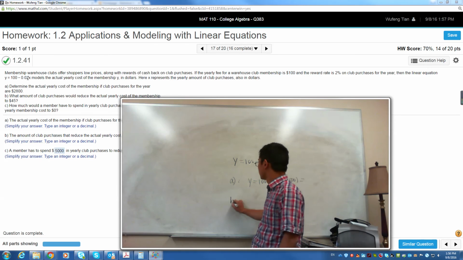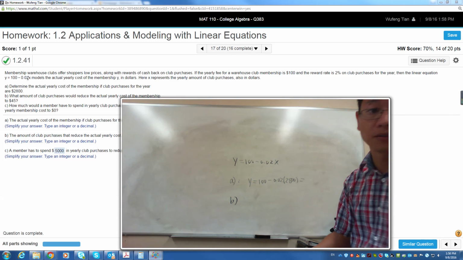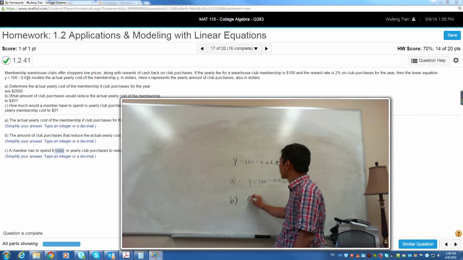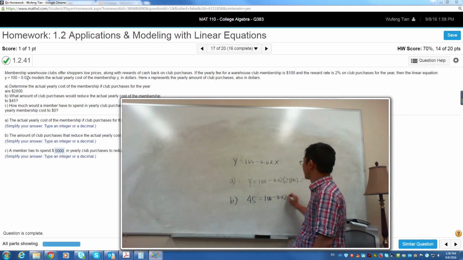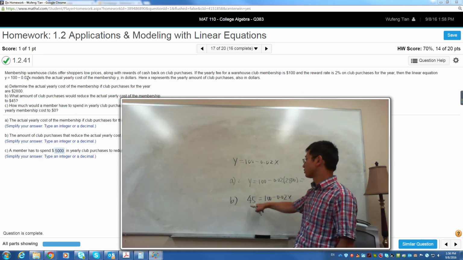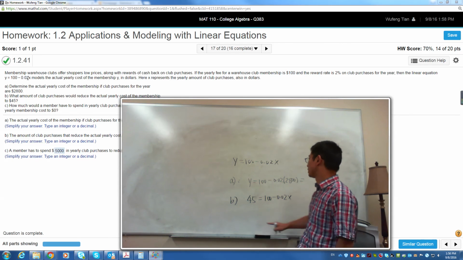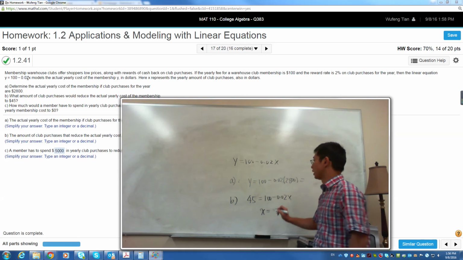Okay. So second one is that the amount of cost is $45. So basically, you have 45 is the cost, and then 100 minus 0.02x, and x is how much money you have to spend to reduce the 100 to 45. So you solve for x from this equation, and then it's going to be the answer for B.